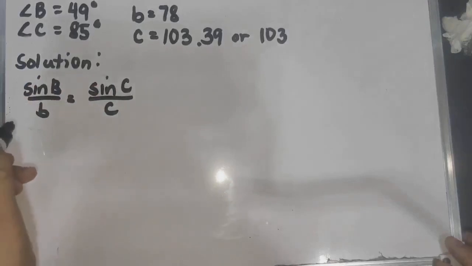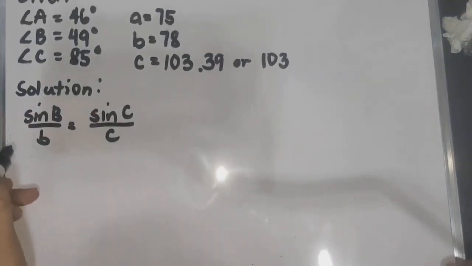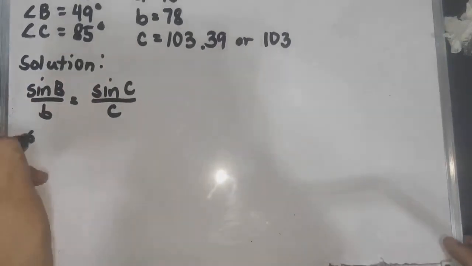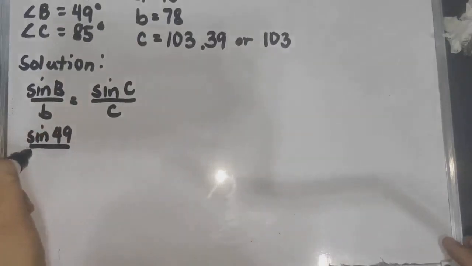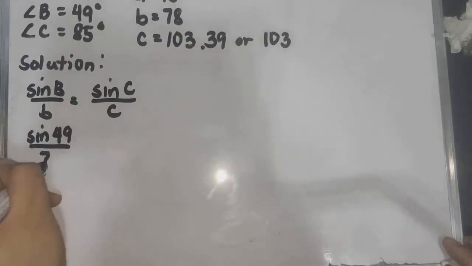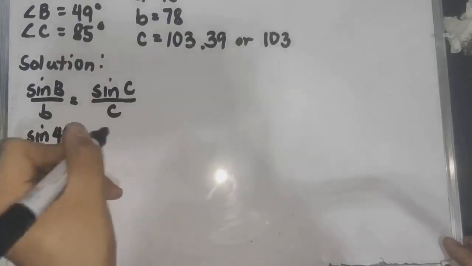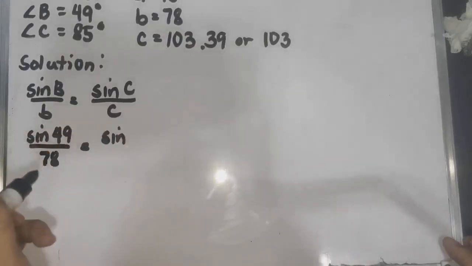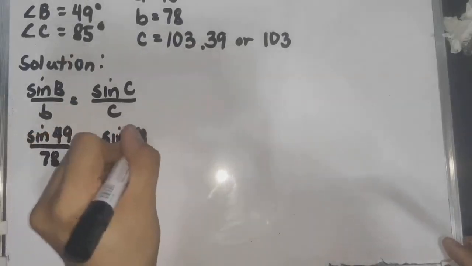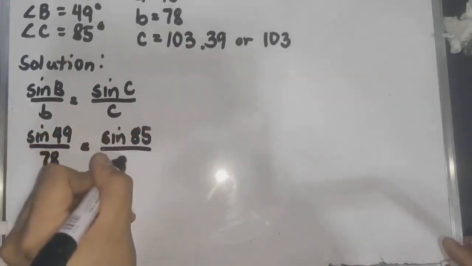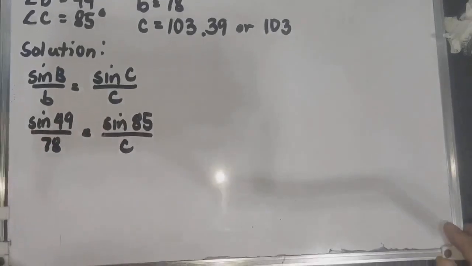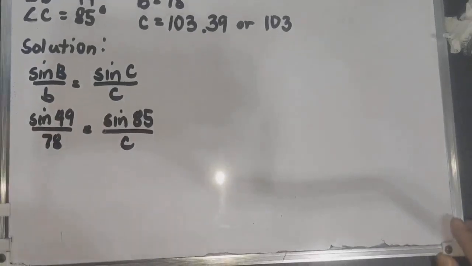Ang angle B natin is 49. So, sine of 49 degrees over the value of side B is 78 equals sine of angle C, which is 85, over side C, unknown.